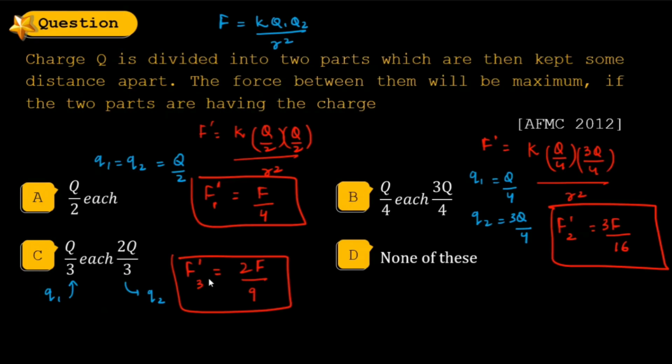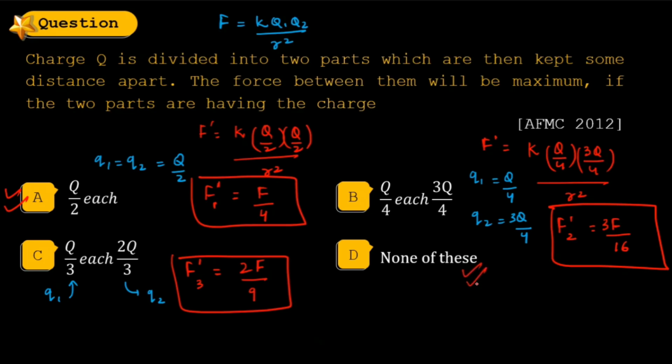Which value is bigger? F over 4. Yeah, that is the first one. So in the first case, it is going to be the maximum value. But that is not the correct answer. The correct answer is none of these.